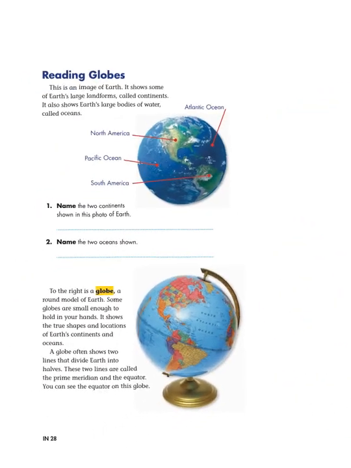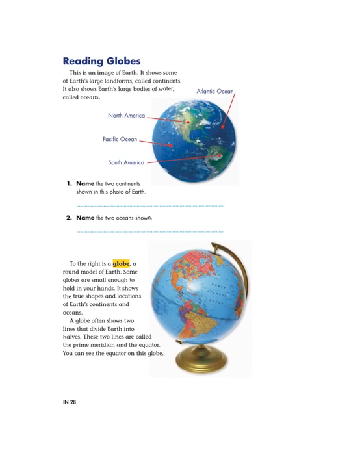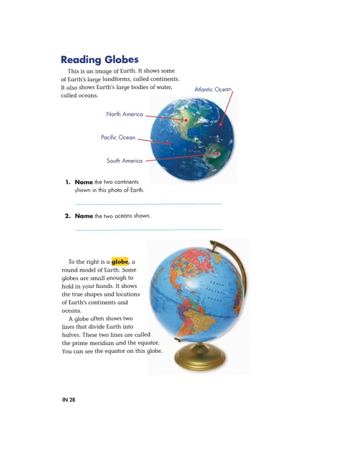Today's lesson is going to be twofold. One, we're going to be learning a little bit about geography, and two, we are going to be exploring some nonfiction text features. So as you can see on page IN 28, we have a subheading that's entitled Reading Globes.